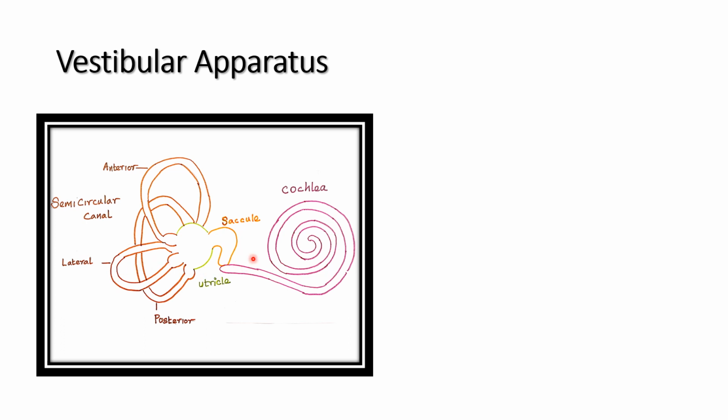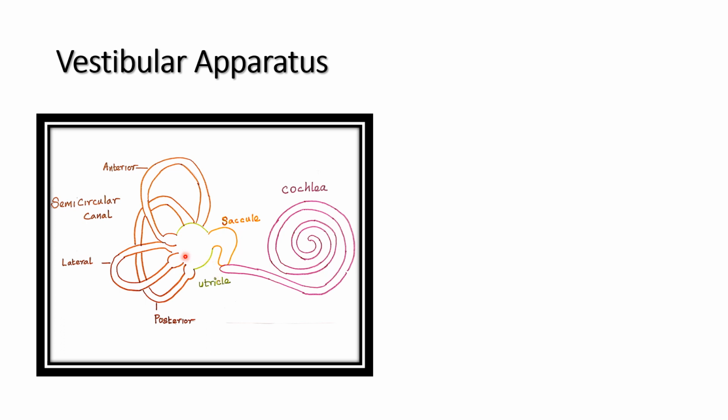The cochlea's main function is hearing. And the vestibular apparatus is important for balance and equilibrium. This is carried through the vestibulocochlear nerve.